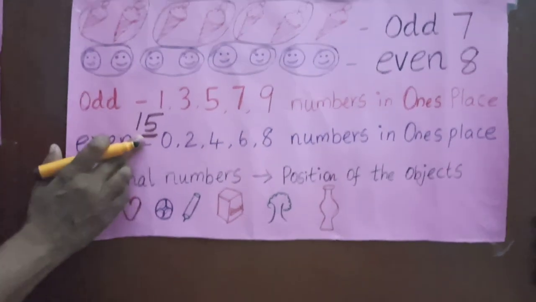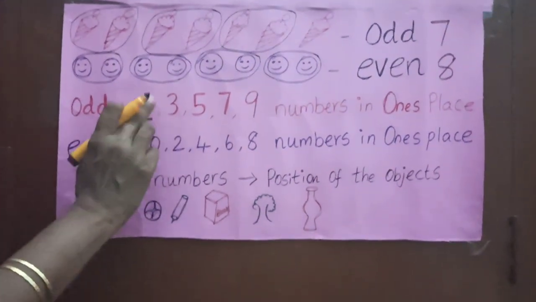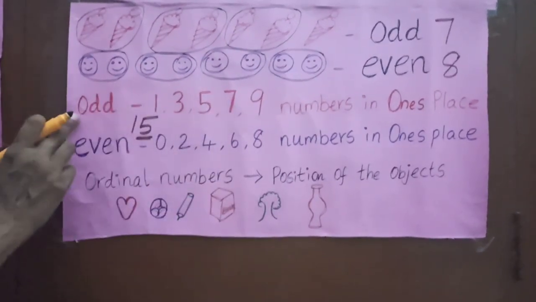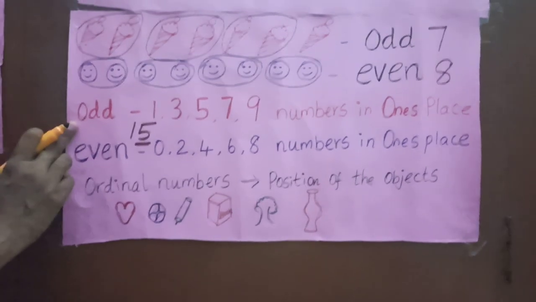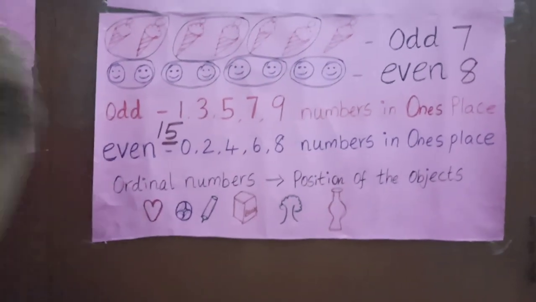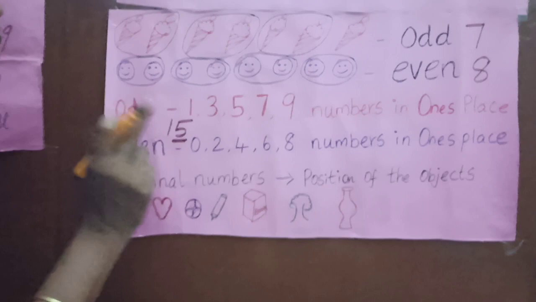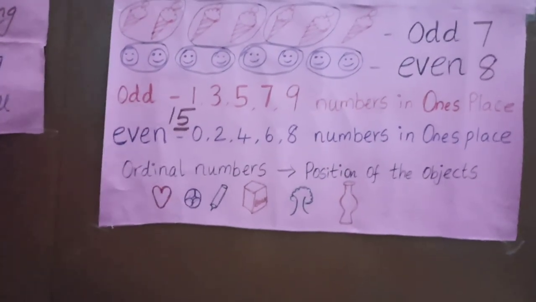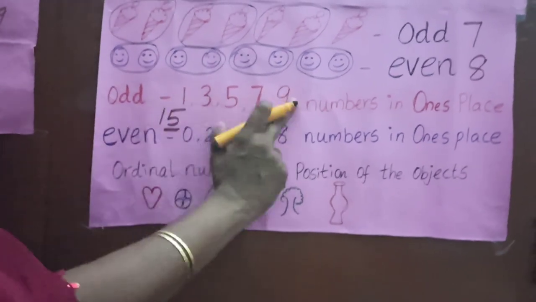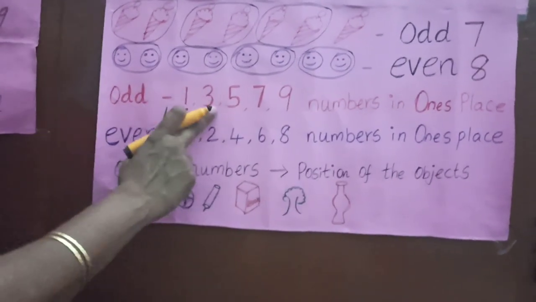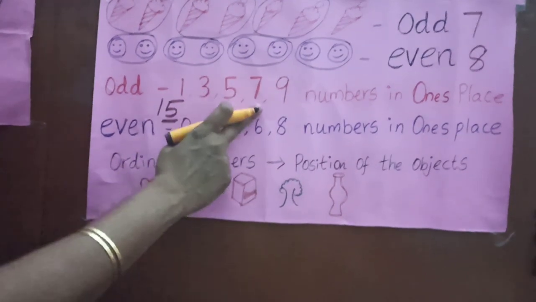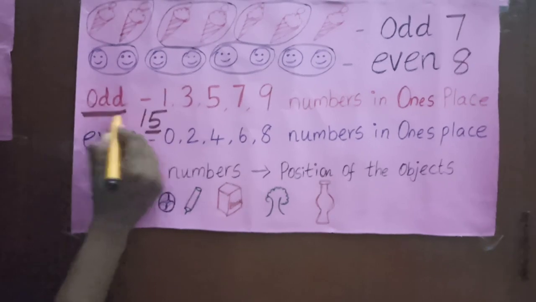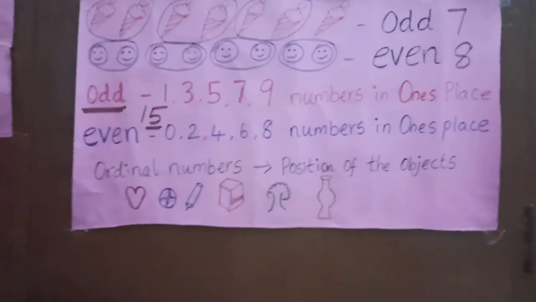If the ones place is any one of 1, 3, 5, 7, 9, then the number is called an odd number. We have to look only at the ones place.